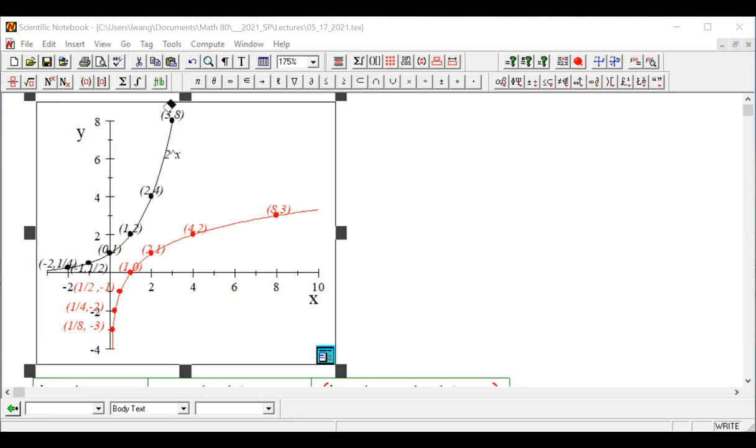The black is 2 to the power x, and this other one is log base 2 of x.